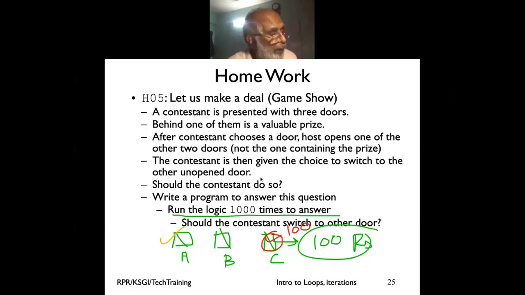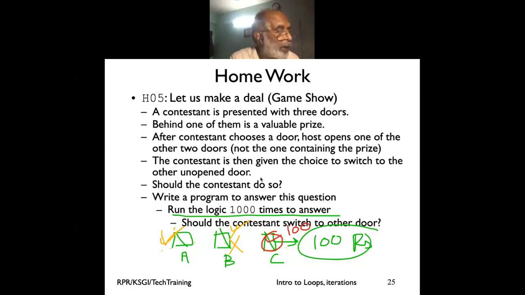Now I, as a host, open box B and say, look, B has no money. That means money is either in A or in C. You as a player chose box A, but box A is not opened yet. But I know that C had the money, so I open box B and say, look, B has no money. That means money is either in box A or in box C.